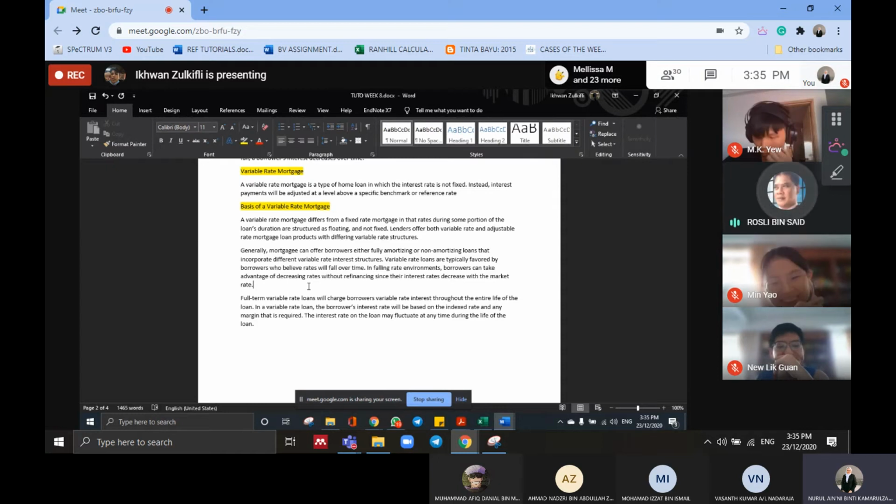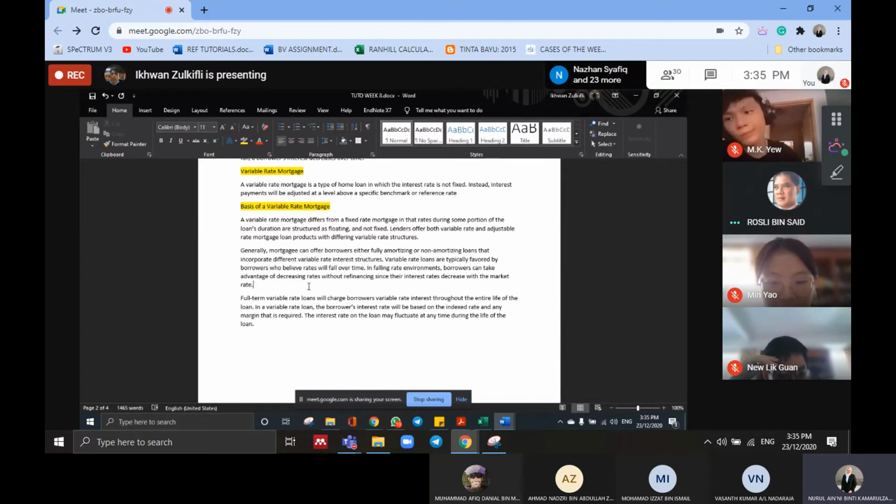So, you have to understand the word amortization. Okay? Amortization refers to the process of repaying the outstanding principal. So towards the end of the mortgage period, the loan will be fully amortized. So that's what it means by amortization. Iwan, can you go up a bit?